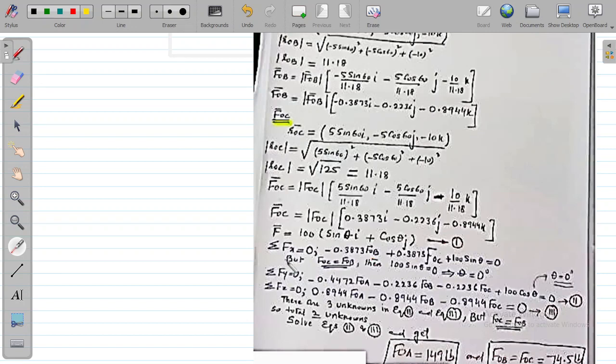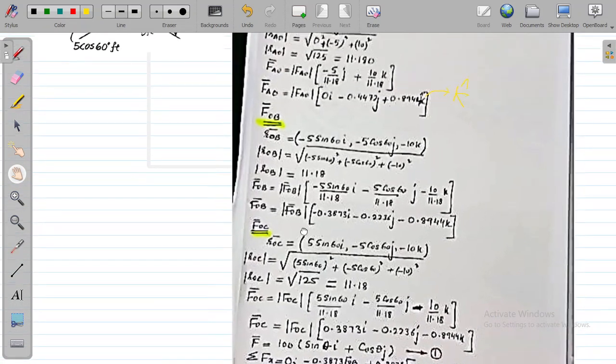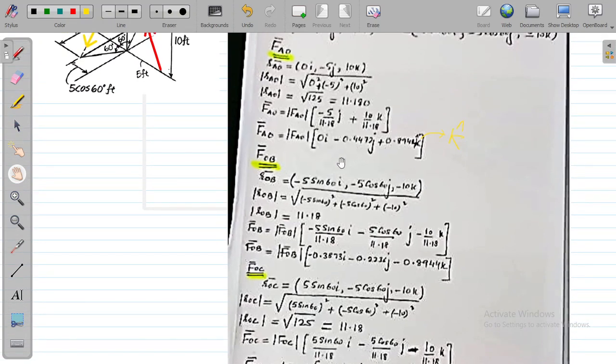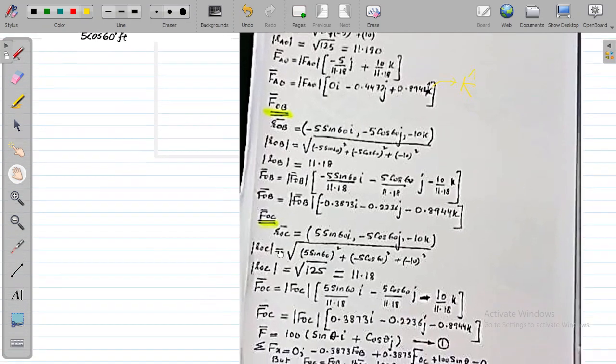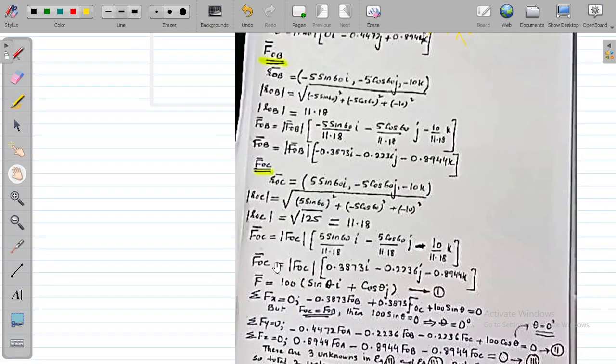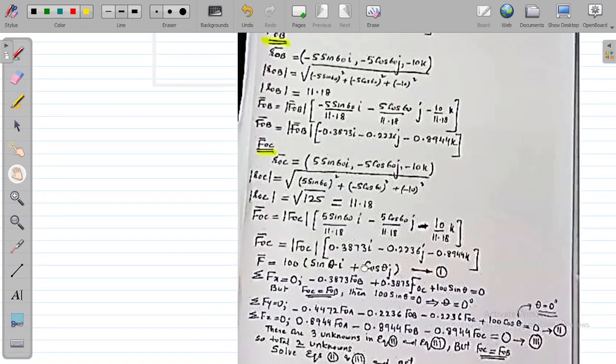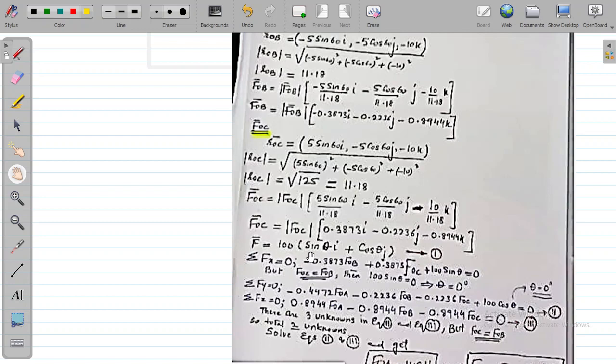Very important point. Now you sum all the forces on the y-axis. When I sum all the forces on the y-axis, one of the components will be minus 0.4472 j, the other component will be minus 0.2236 j, and another component will again be minus 0.2236 j, and one more component is the cos theta component.